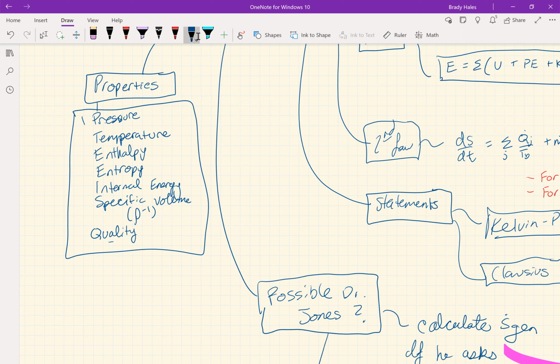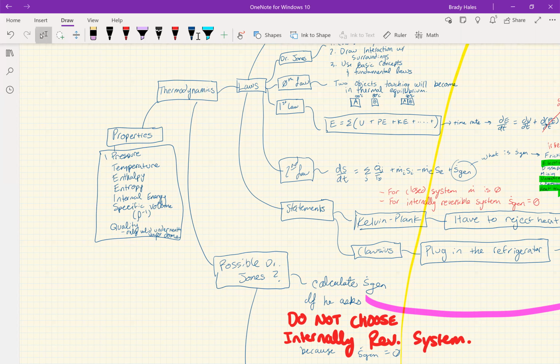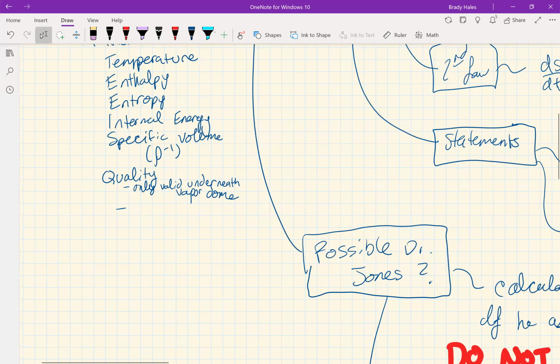This one is only valid underneath the vapor dome. To calculate quality, there's a definition in the book where quality x is equal to v average minus v_f over v_fg, right?